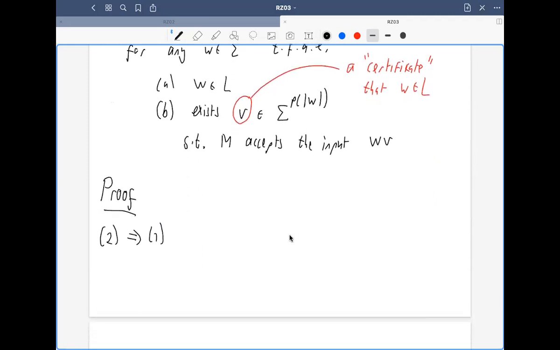So 2 implies 1 is basically the same idea we already had in our non-deterministic Turing machine for independent set. We first non-deterministically guess the certificate.